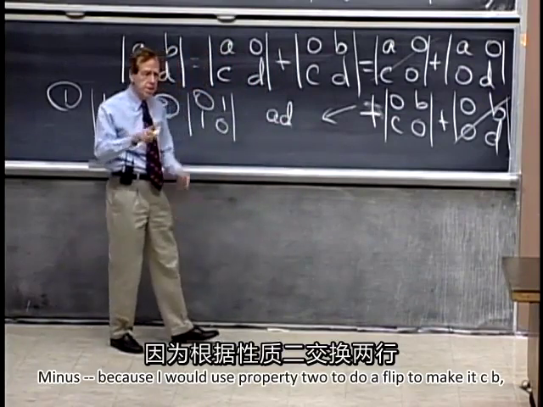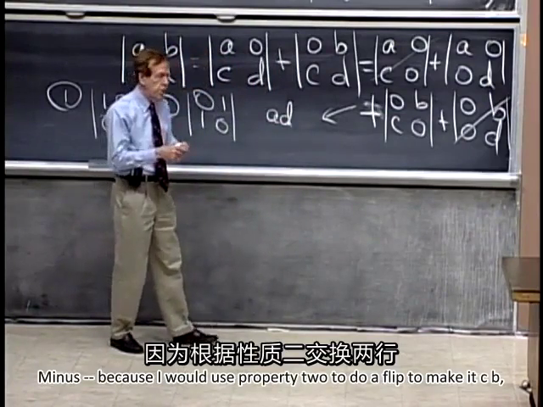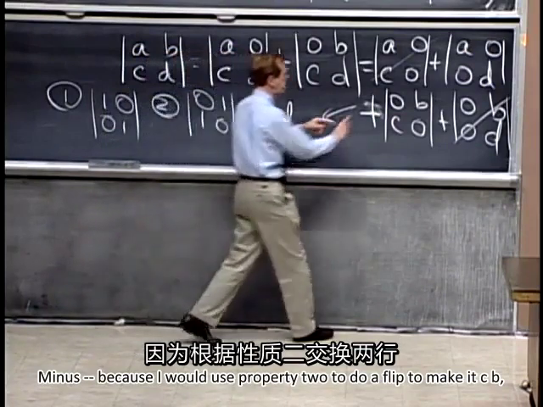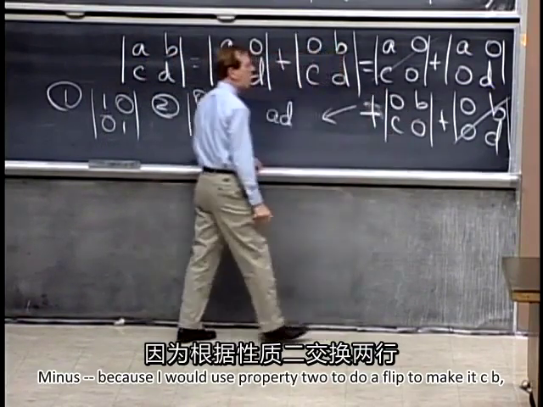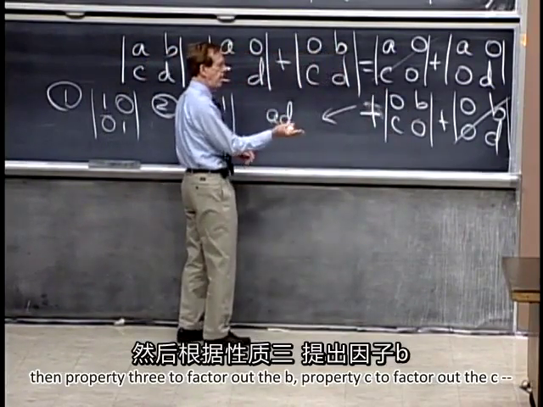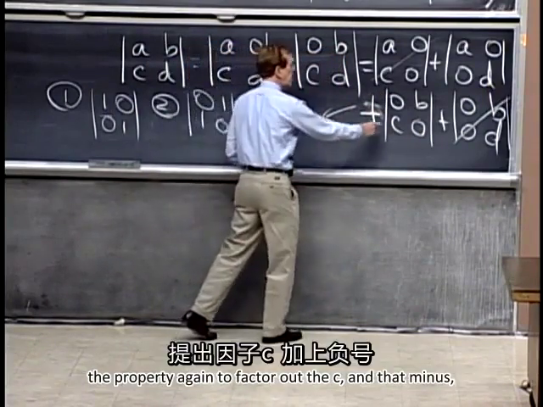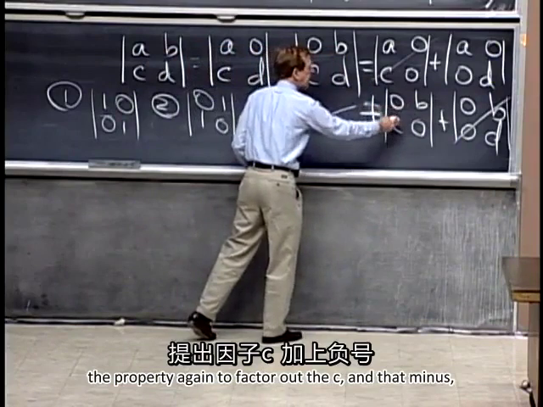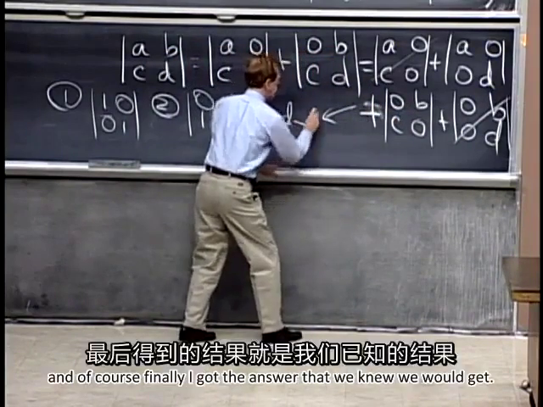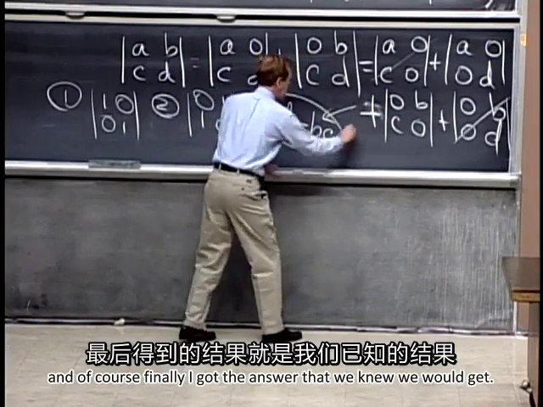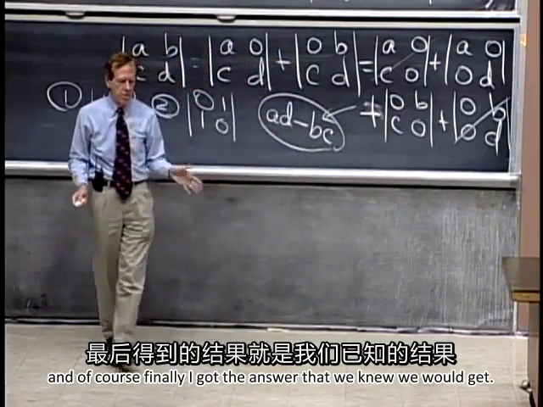Minus, because I would use property 2 to do a flip to make it cb, then property 3 to factor out the b and the c, and that minus. And of course, finally I got the answer that we knew we would get.